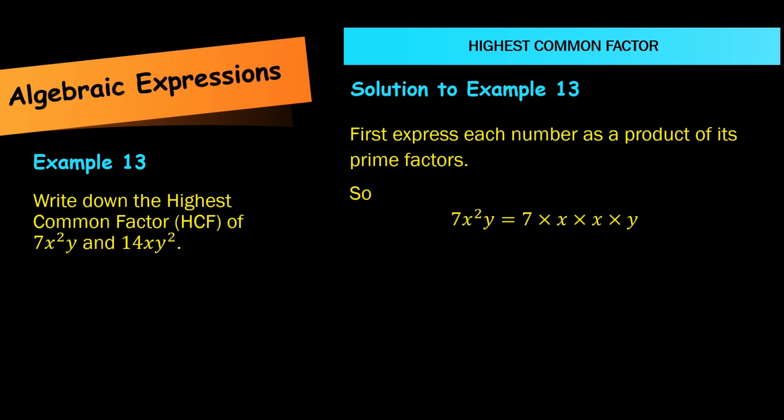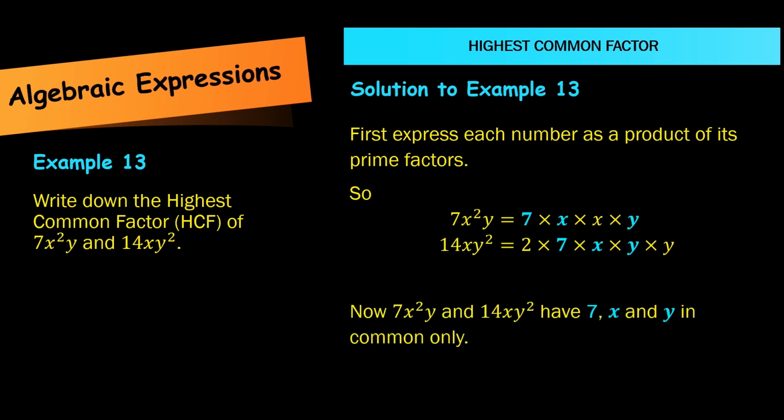And 14xy squared equals 2 times 7 times x times y times y. Notice that these two expressions have 7, x and y in common only. Therefore, the highest common factor of 7x squared y and 14xy squared is 7xy.